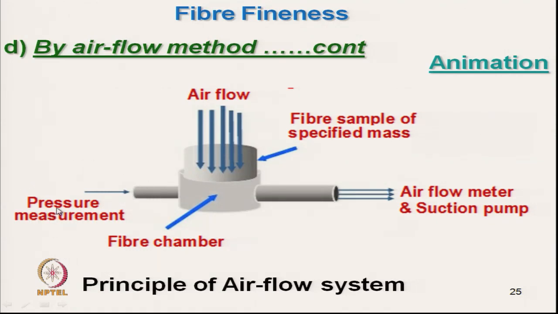For a certain air pressure, this air flow rate we can measure. The fiber sample of specific mass we have placed here. So, we first take the mass of fiber and then we pack it.